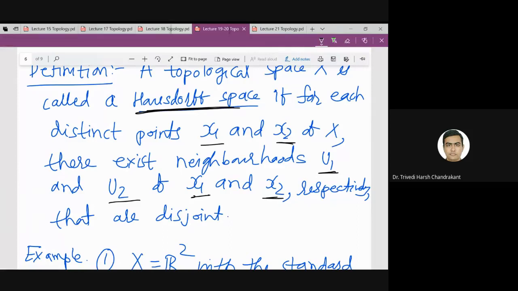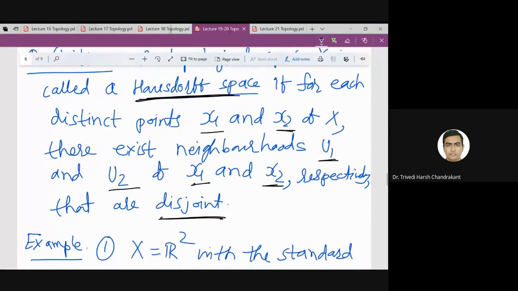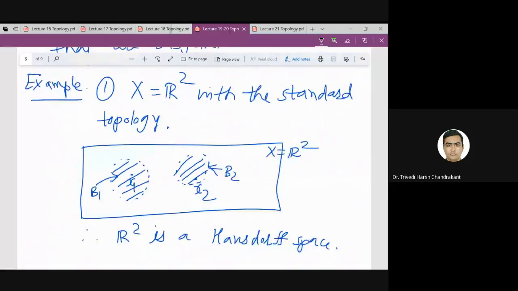The condition is that U1 and U2 are disjoint. We have seen using this diagram that in R2, if I take the xy plane and take x1 and x2 as any two points, then I can find two open sets which are disjoint, one containing x1 and the other containing x2.